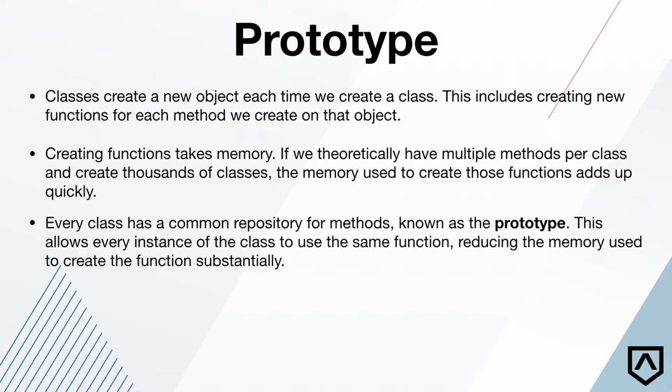We can create a single method that is stored in the prototype but will be given to every single class. So it's a pretty cool thing. It reduces the memory used substantially, right? And so instead of creating 20 million functions, we're now creating 20. But it's given to every single one of those.